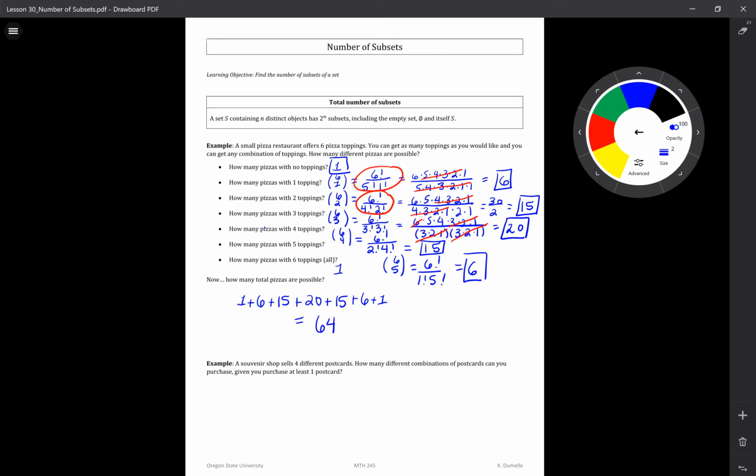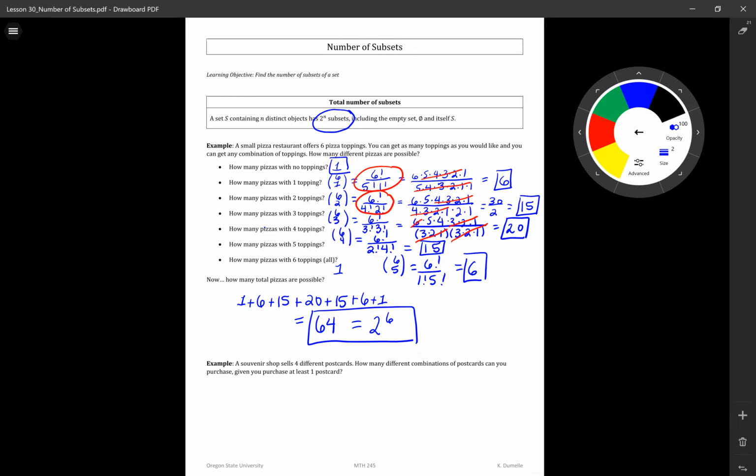And this is the same thing as 2 to the power of 6. That's what our theorem up here tells me. A set that contains n distinct objects has 2 to the power of n subsets. So 64 is equal to 2 to the power of 6, where this 6 represents the number of possible toppings here. So this is kind of to show us where this theorem comes from.